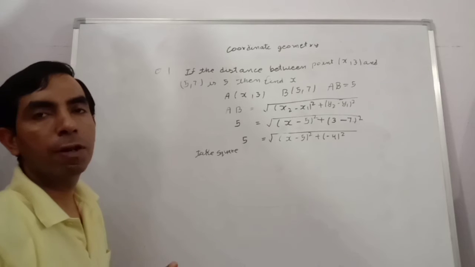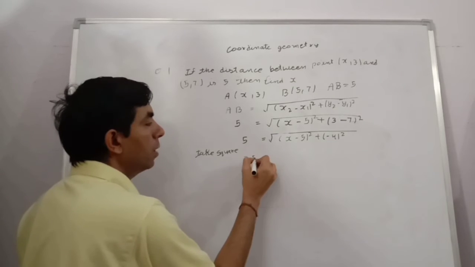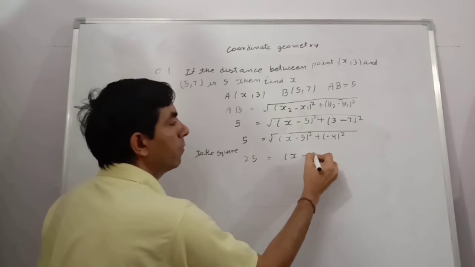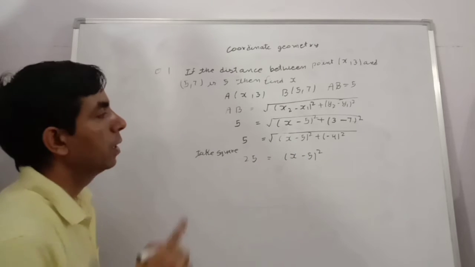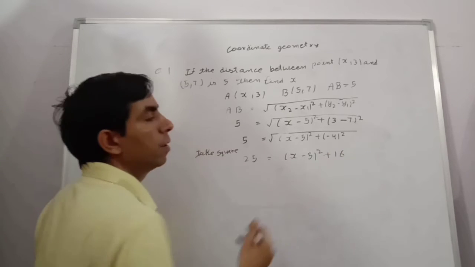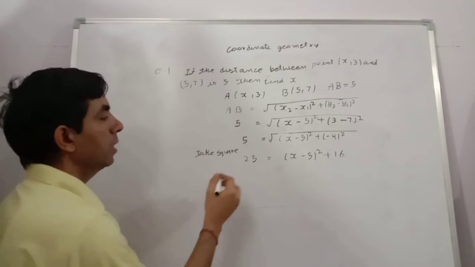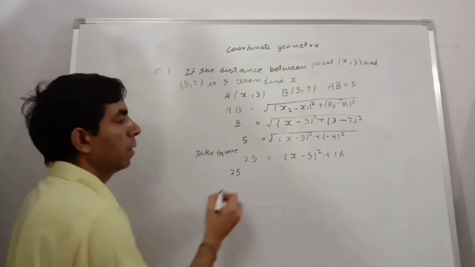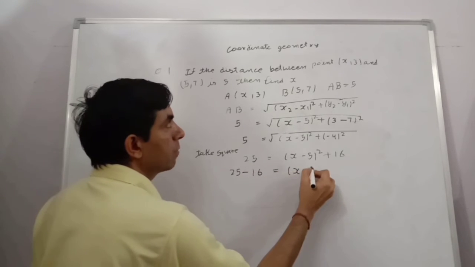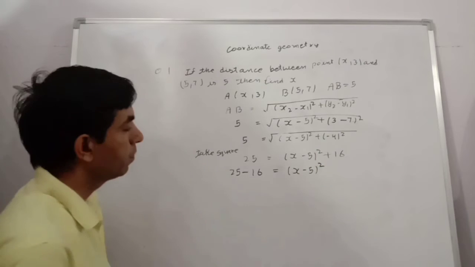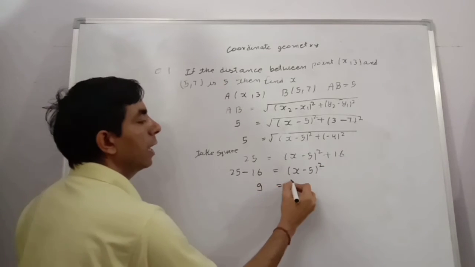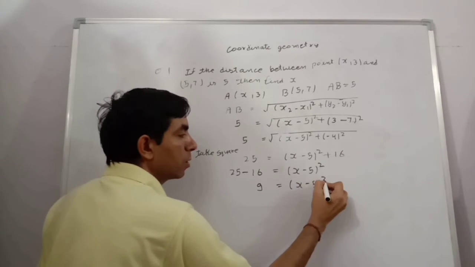After squaring, 5 becomes 25 and the square root is cancelled. So we get (x minus 5) whole square plus 4 square, which is 16. Now we take the number to the same side, so 25 minus 16 equals (x minus 5) whole square. By subtracting, we get 9. Now we have (x minus 5) whole square equals 9.